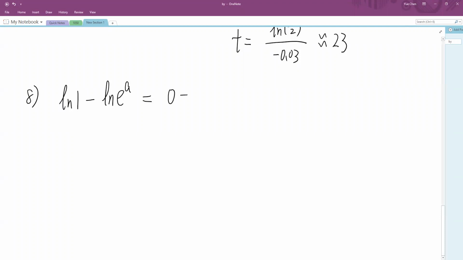And minus, what should we do for the next term? Yeah, bring down a times natural log of e. Natural log of e equals 1 again, right? So it would be 0 minus a times 1, so it's negative a.